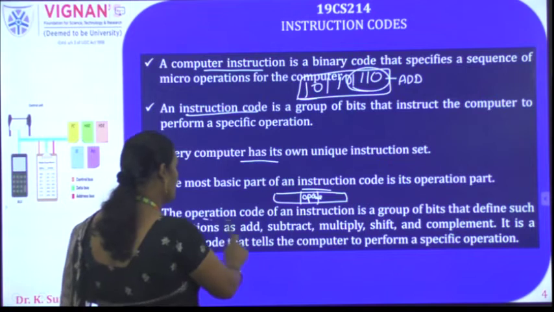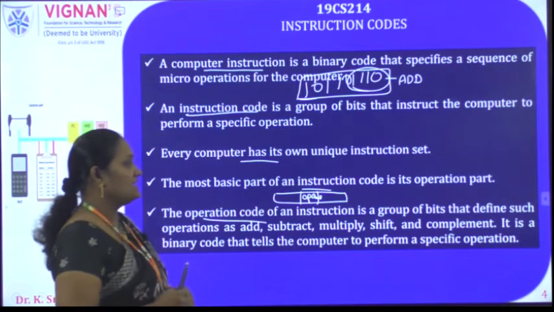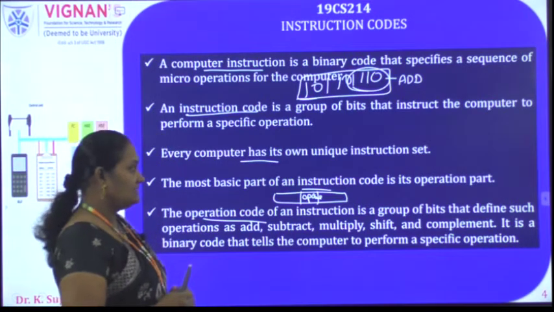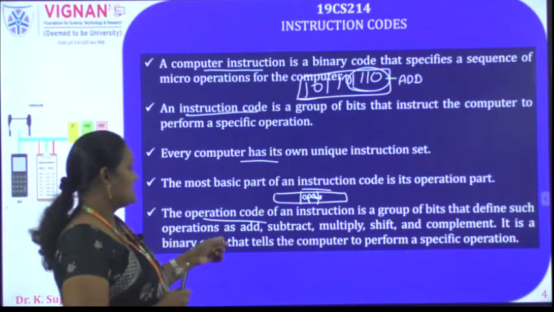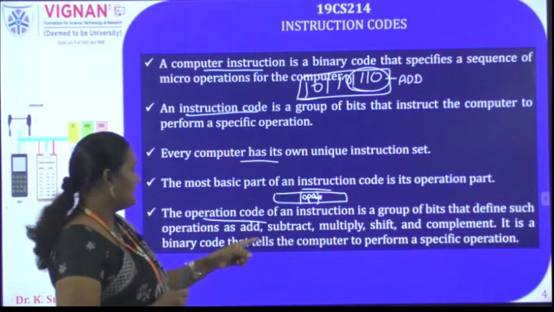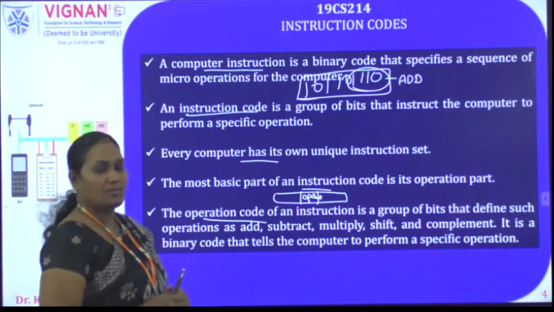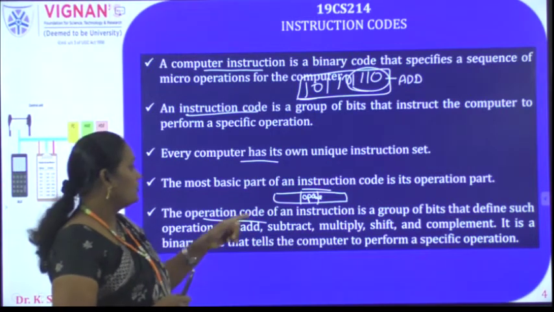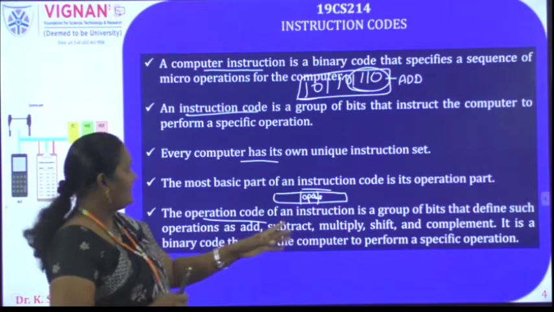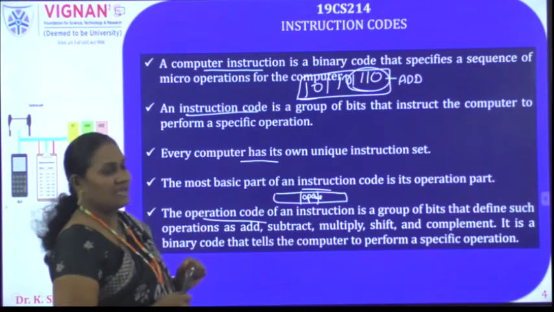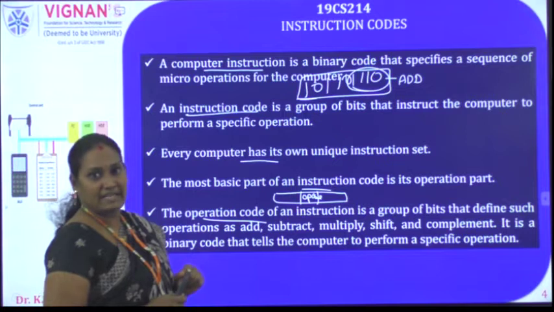Now, what is that opcode? The opcode of an instruction is a group of bits that define operations such as addition, subtraction, multiplication, shift, complement, etc. Suppose, for example, if you take 110, that may indicate addition.